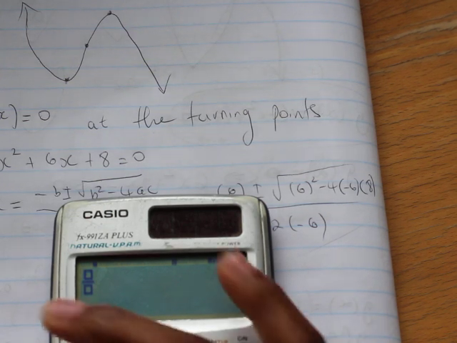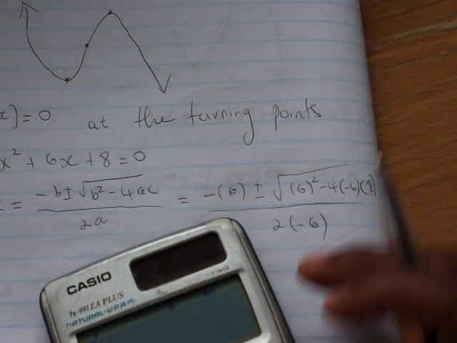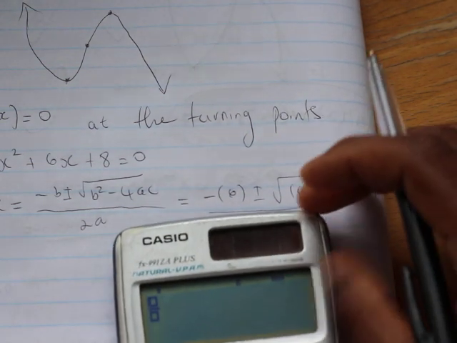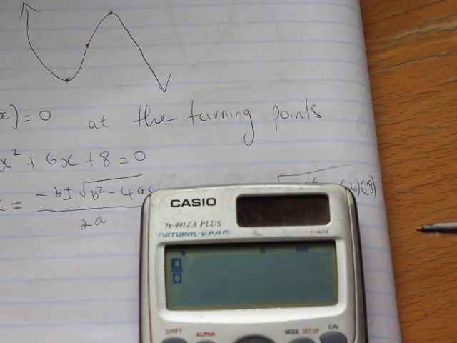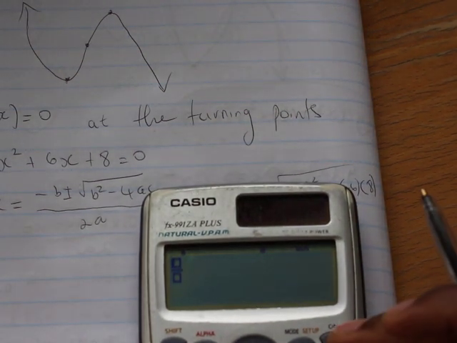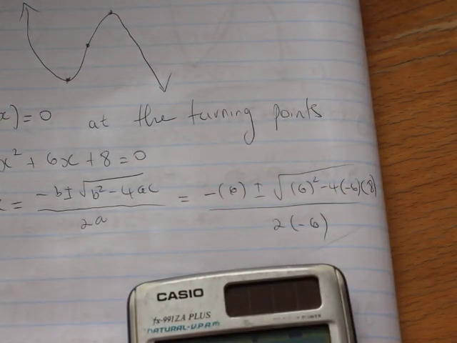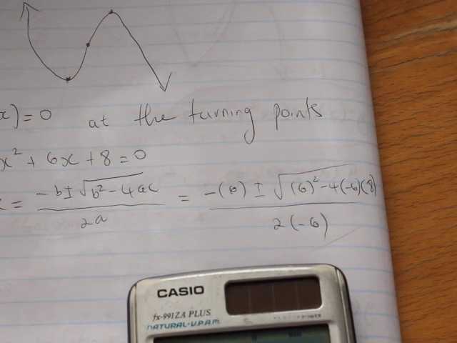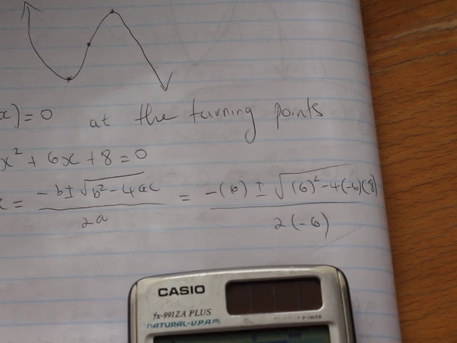So we need to see that not just on your calculator but on your script, because we can't give you marks based on things that you computed on your calculator. So we want to see everything on the script. So minus 6 plus the square root of 36 plus 4 times 6 times 8, divided by minus 12.